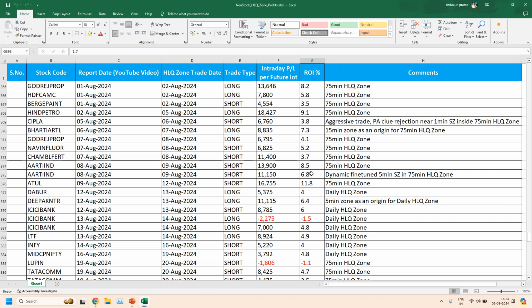And not only that, during this 1 year we have seen so many actions and events in the market. We have seen elections, and we have seen election results published. On the day election results were published, our trades worked very well. On budget day, we got successful trades. And for the whole month before the election declaration, April and May, we got a good success rate.